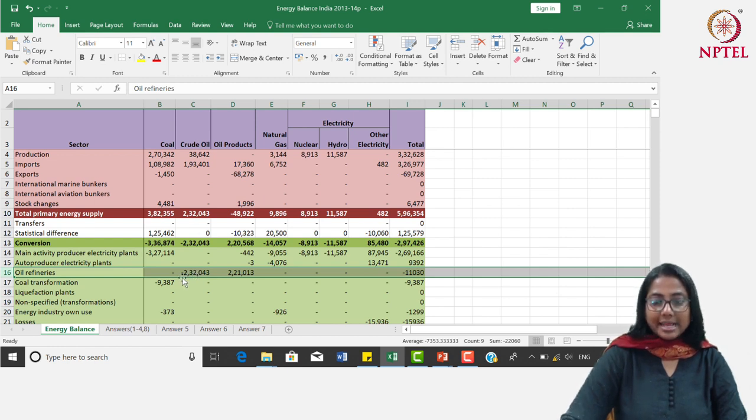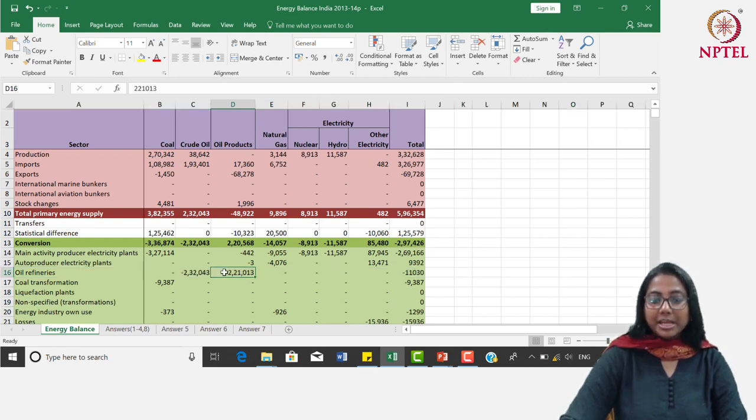So basically it says that 232043 kToE of crude oil is being converted to 221013 kToE of oil product in India in the year 2013-14. So that is the implication of the entry that we have in the cell D16.